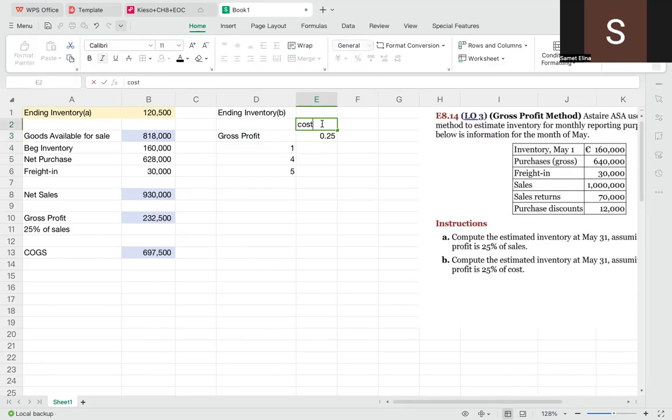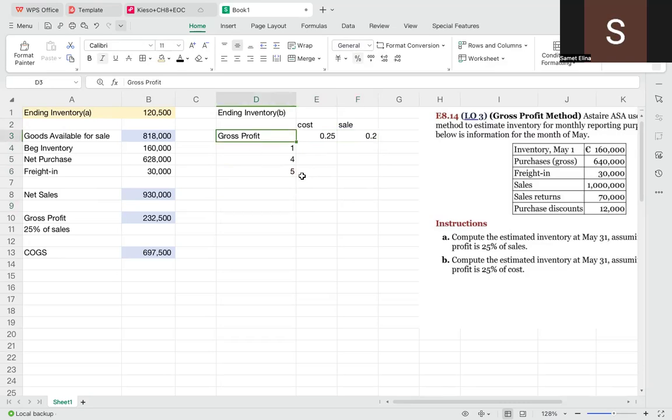And for sales, we have $1 of profit, $4 of cost. So our sales would be 1 plus 4, which is 5. So the total is 5, and gross profit is 1. So it is basically 20% of sales, right?